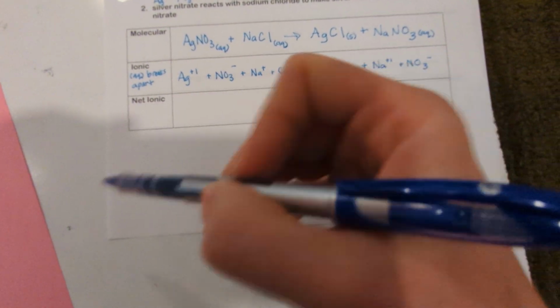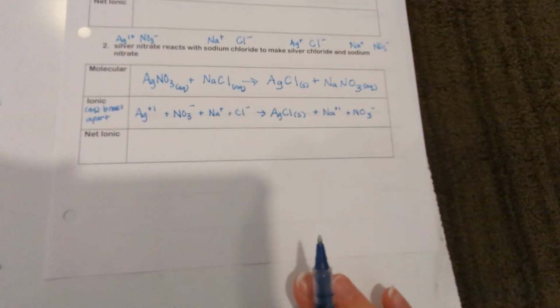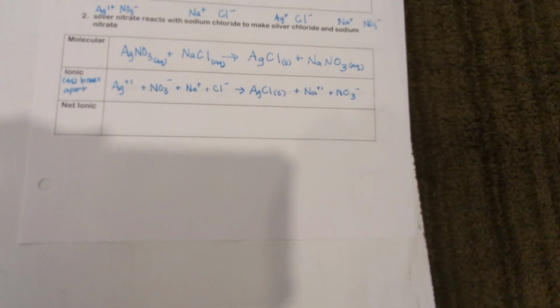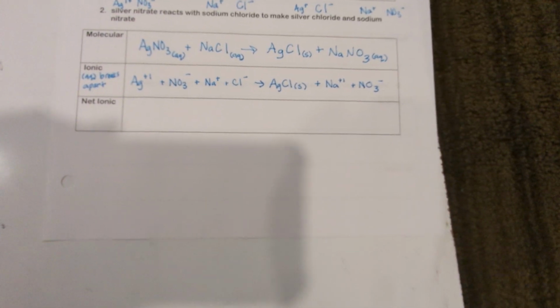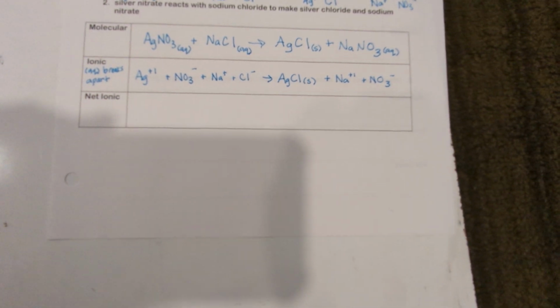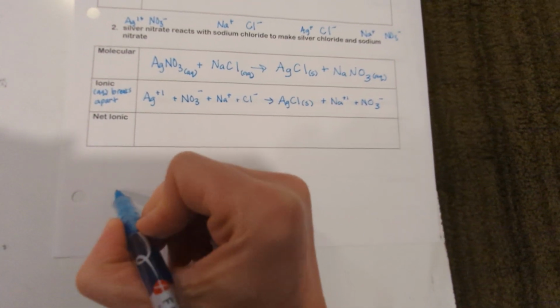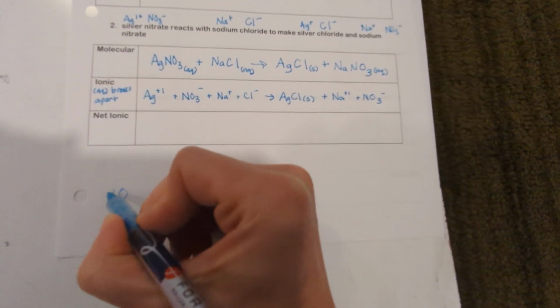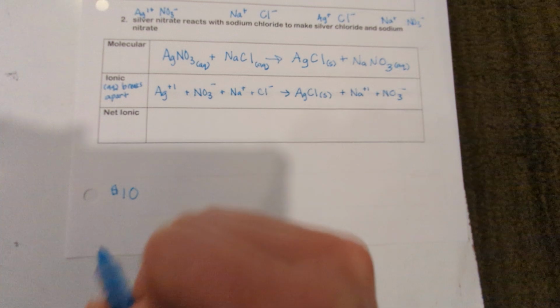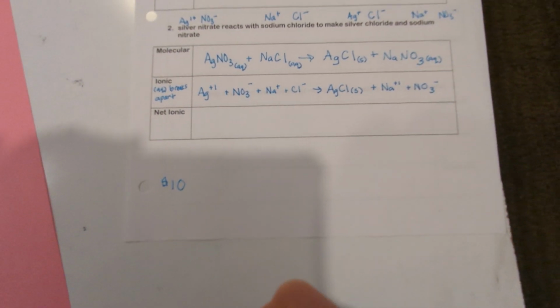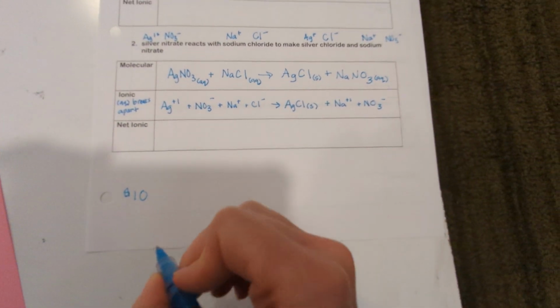Now, net ionic. The word net is kind of the same net as in business. In business, we might say, if I was selling cupcakes, let's say I have a cupcake store, and I'm selling cupcakes and I make $10. But all the ingredients cost $6.